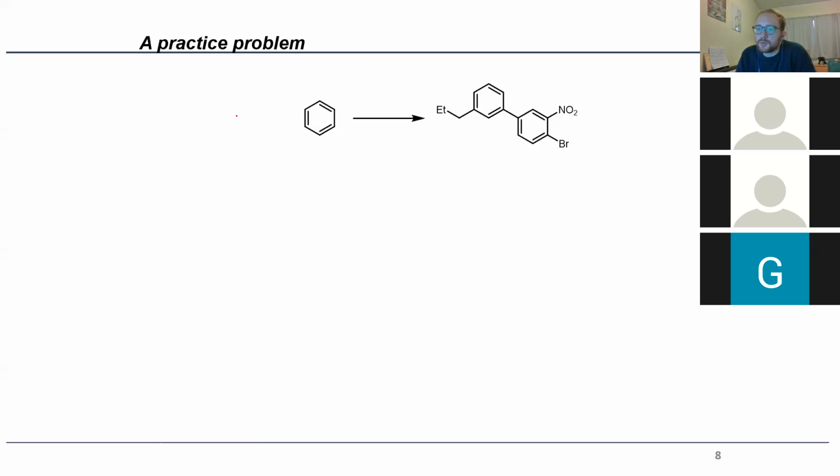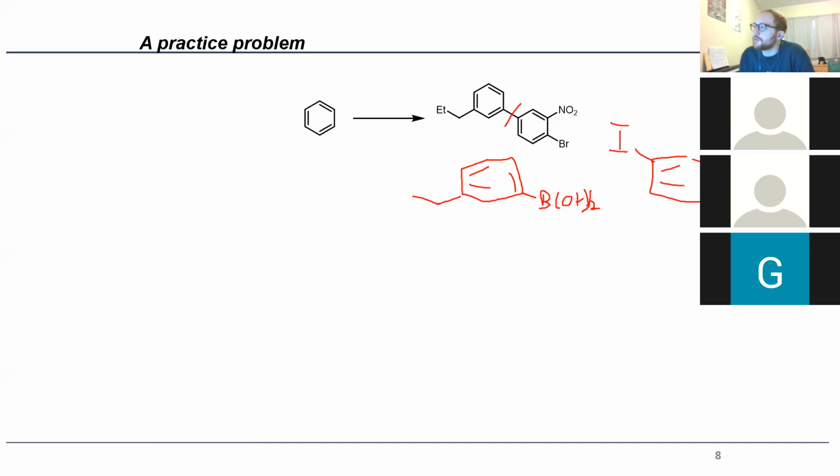And so I'll simplify this in that I think that the best answers go through forming this bond last using a Suzuki reaction, from either this coupling partner and a coupling partner like this, or the iodide and boronic acid are switched around. So does anyone want to give an answer for this?